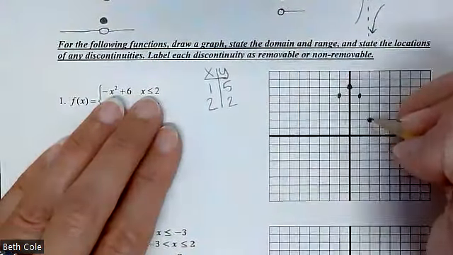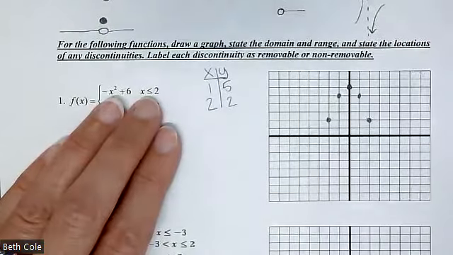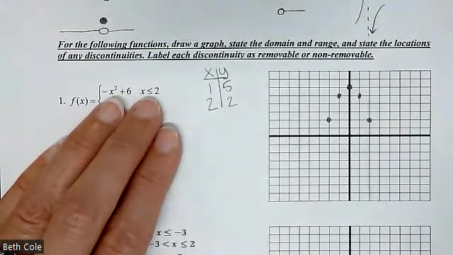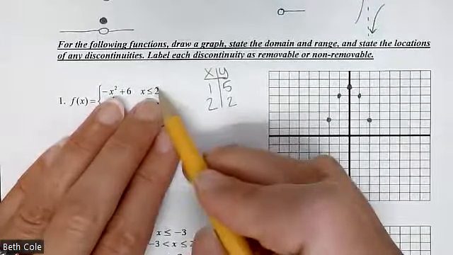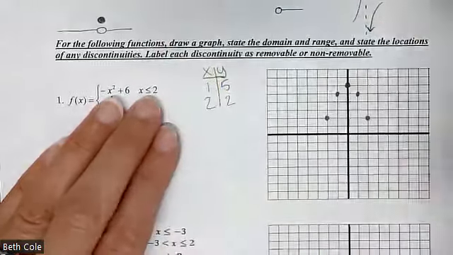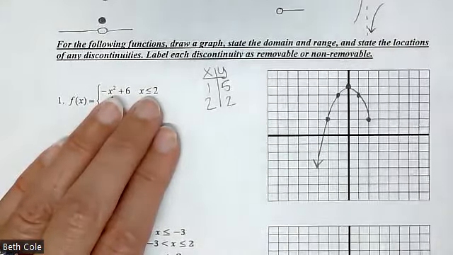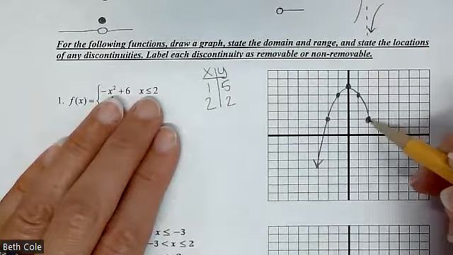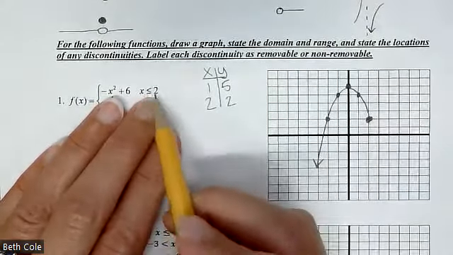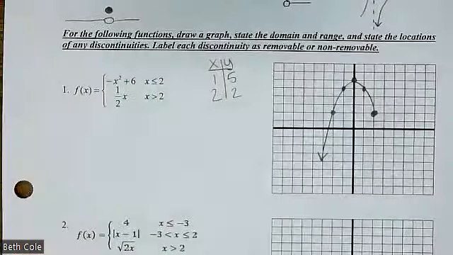So 2, 2, same thing on the other side. Now, when you connect it, just don't go past 2. You have to stay 2 or smaller, so it should look like this. And I left this a closed circle. Why did I make this closed at 2? Equal 2, good.